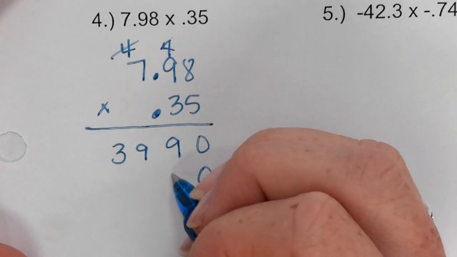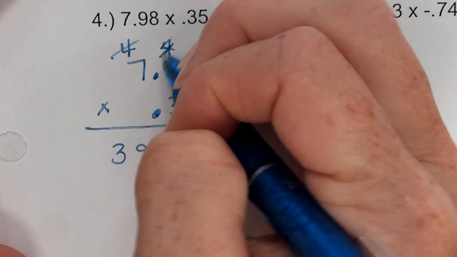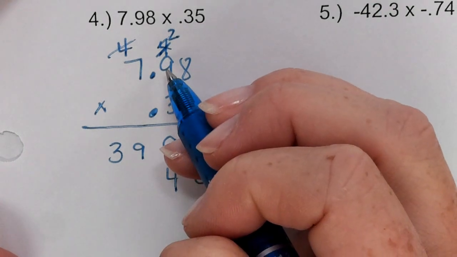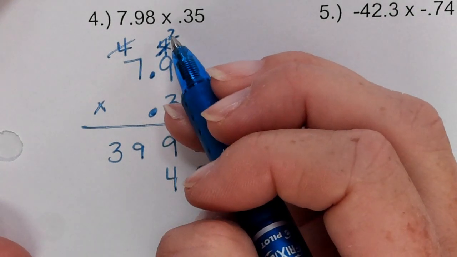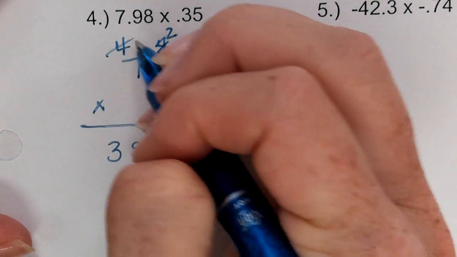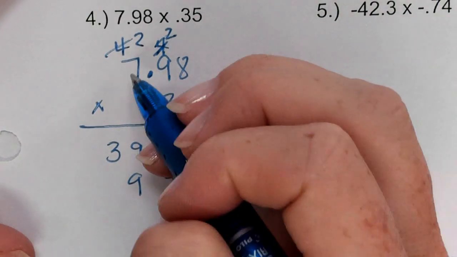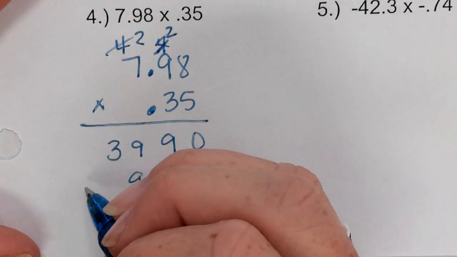3 times 8 is 24. Carry my 2. 3 times 9, 27 plus 2, 29. 3 times 7 again. Oh, not again, sorry. 21 plus 2, 23.